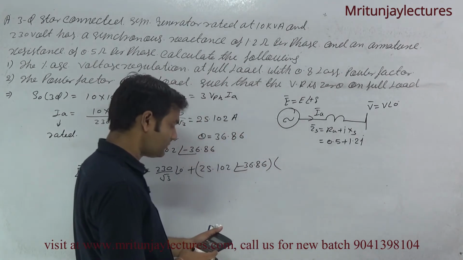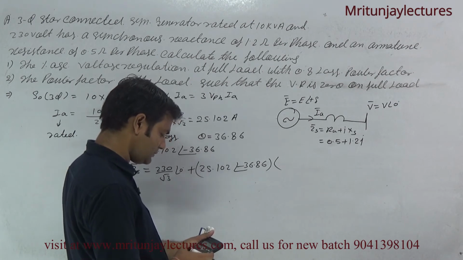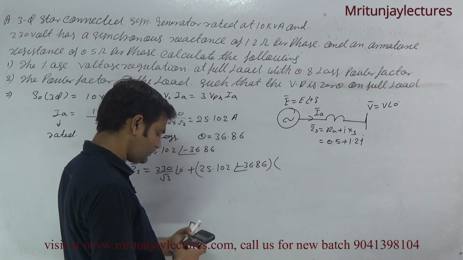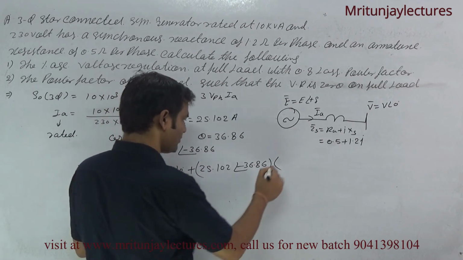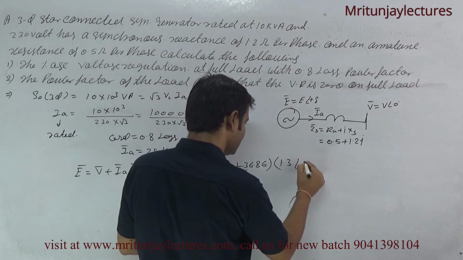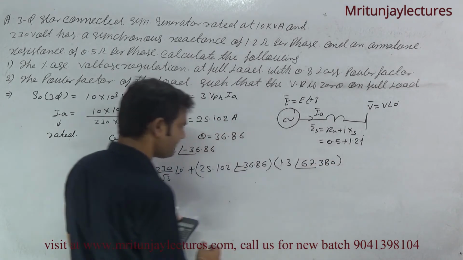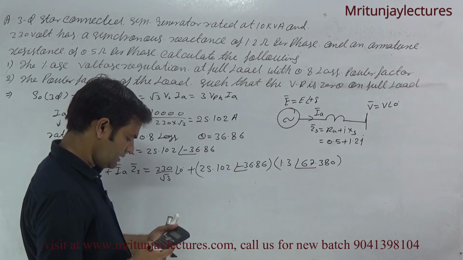Zs is 0.5 plus 1.2j, converted into polar form, that is 1.3 at the angle 67.38.